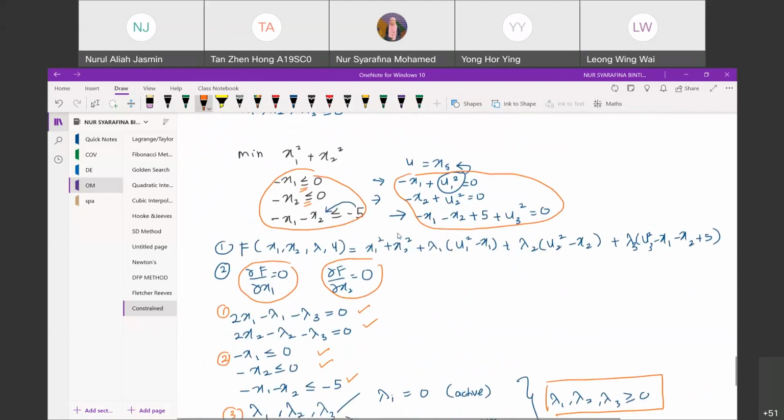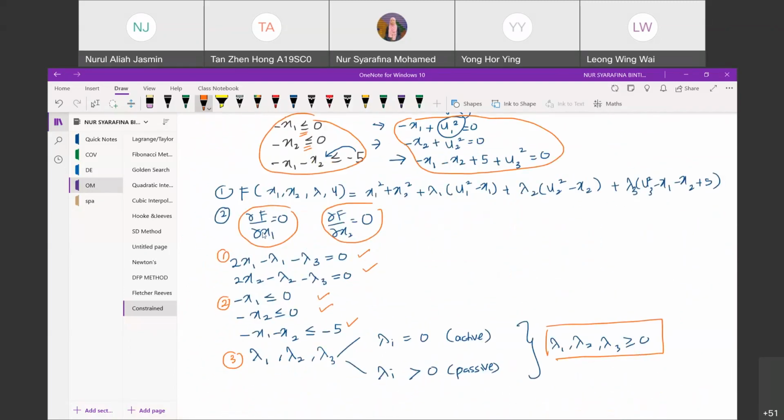Okay, so we have to have del f del xi equals 0, and then the constraint itself, and then the lambda itself. Now how can we identify which constraint is active or which constraint is passive? There are two ways of considering this.